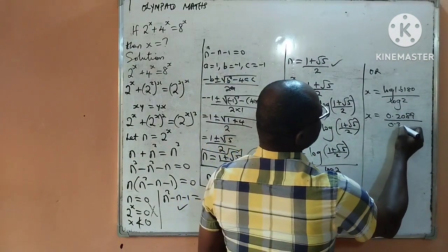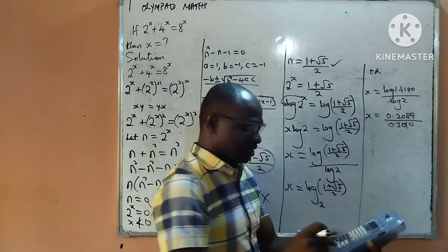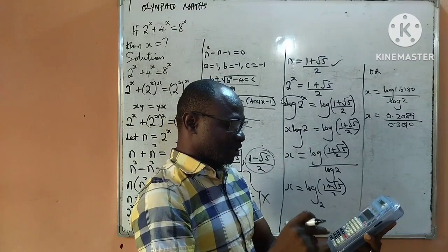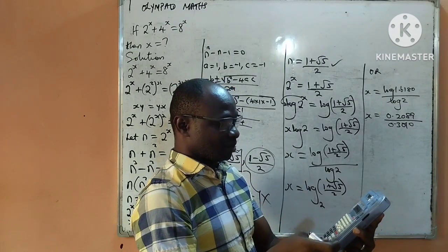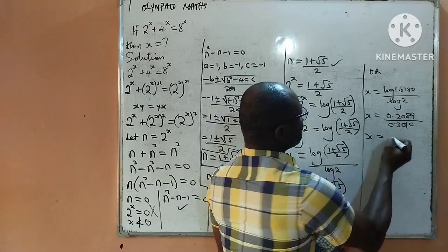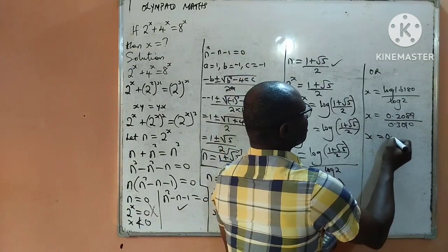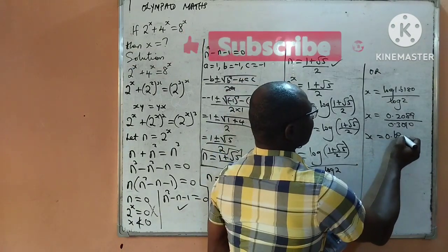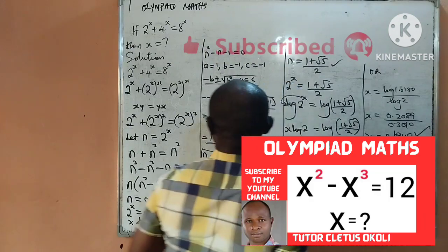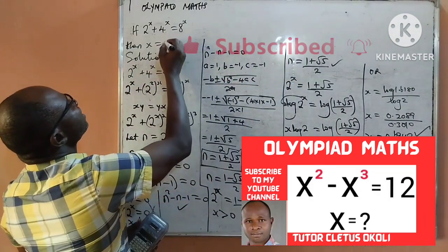Log 2 is 0.3010, so we divide it. Divided by 0.3010. Beautiful. So the value of x in decimal will now be 0.6942. Final answer.